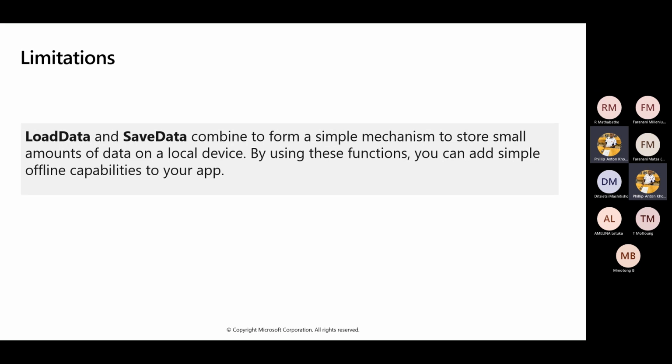And you should also make sure that you handle every conflict that may happen whenever the user comes back online and you are trying to write that data to the source. Okay, and then that is the end of the module.